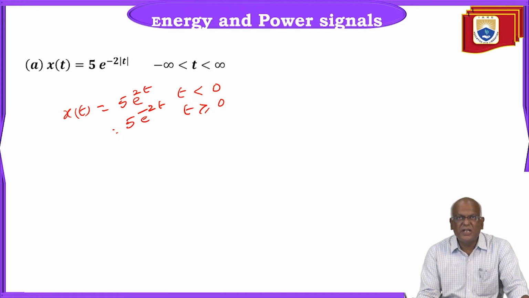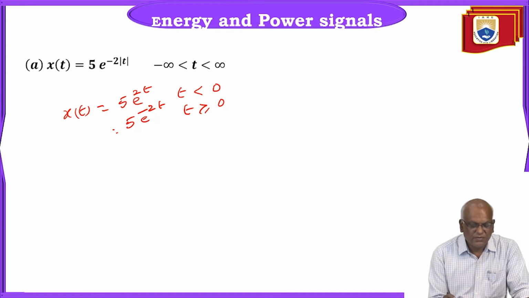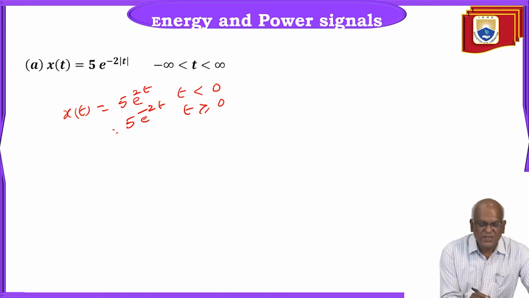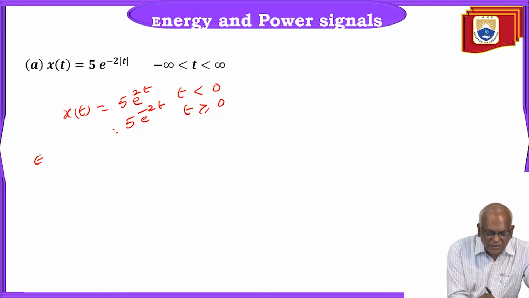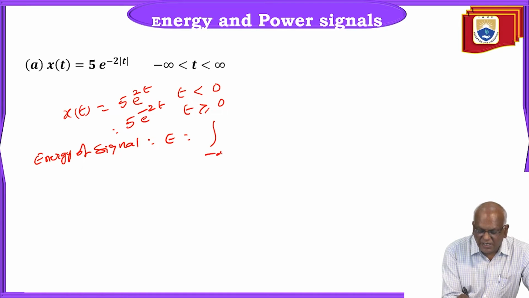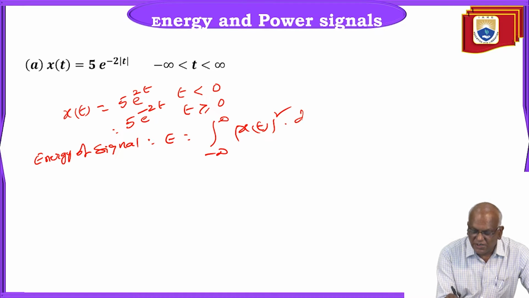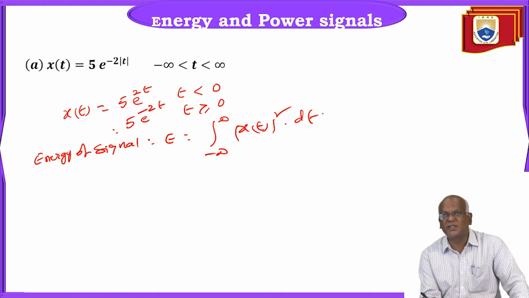For these values, the limits are minus infinity to 0, and 0 to infinity. You know that the energy of a signal, which we define as E, is the integral from minus infinity to plus infinity of the absolute value of x of t squared dt. It is the energy of the given signal.